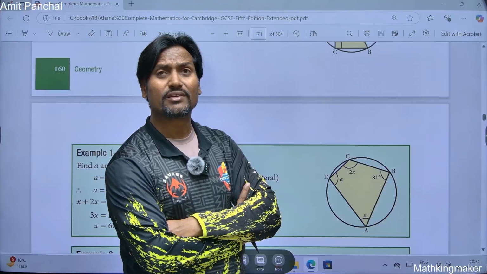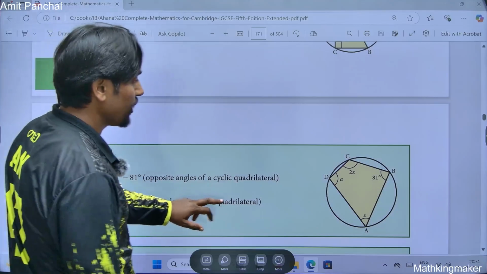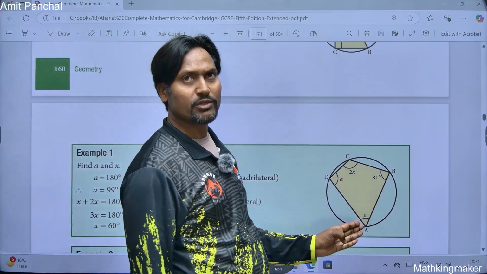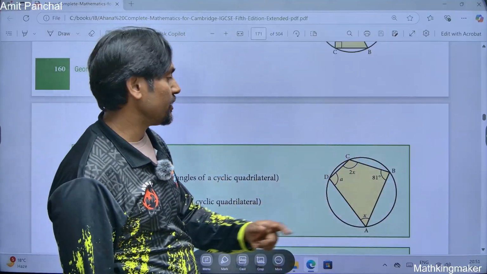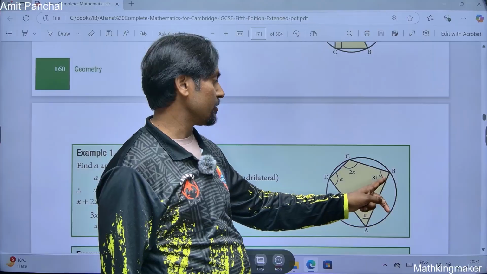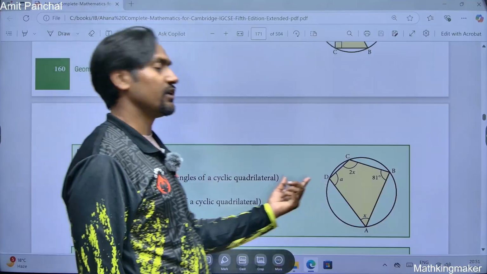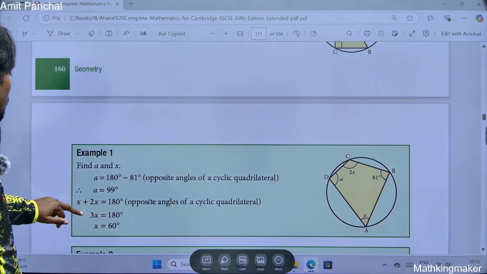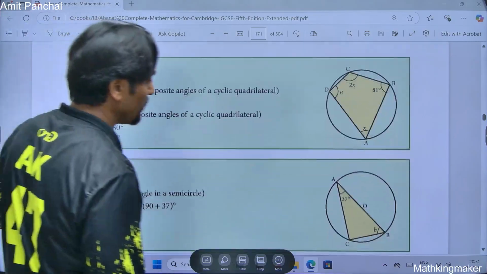X is 60 degrees. Very good. Because 2x plus x will be 3x, so 3x will be 180. So x will be 60, and A will be 19. Now this is another example.